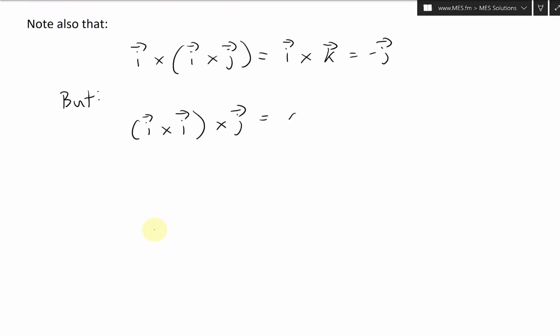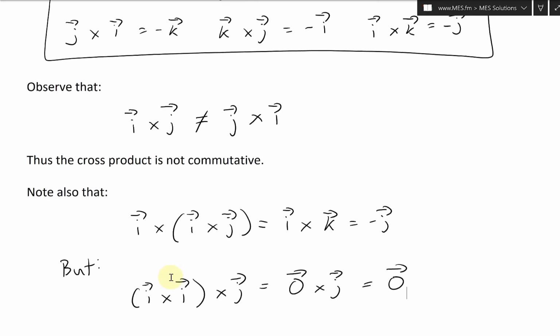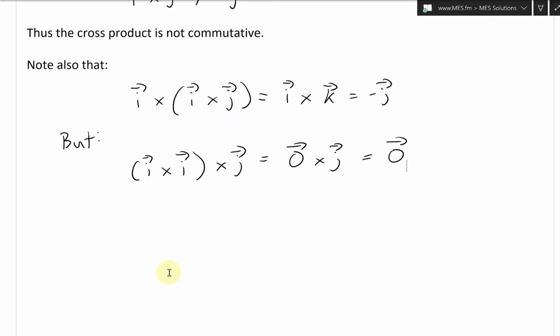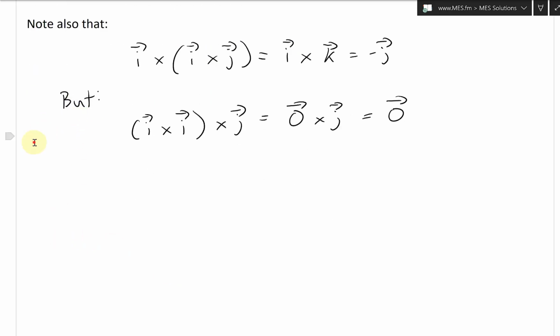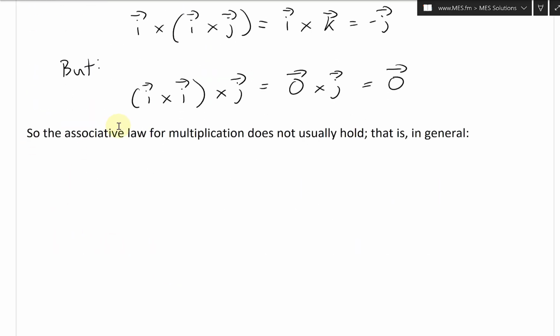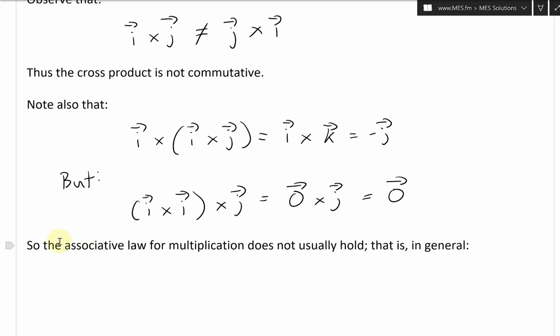So in other words, this is the 0 vector cross j, and the 0 vector cross any other vector is always 0. So in other words, these don't equal each other. So I'll just leave it like that. This is considered as the associative law for multiplication does not usually hold.